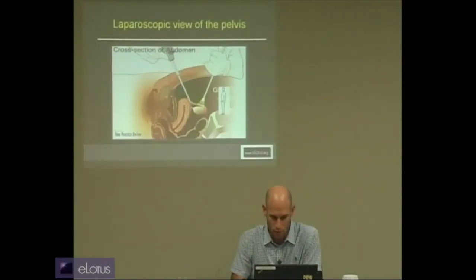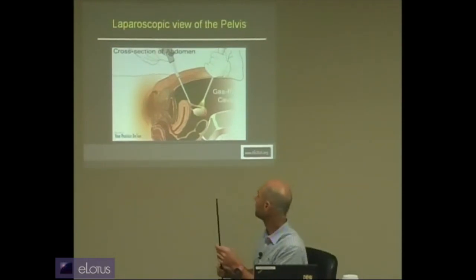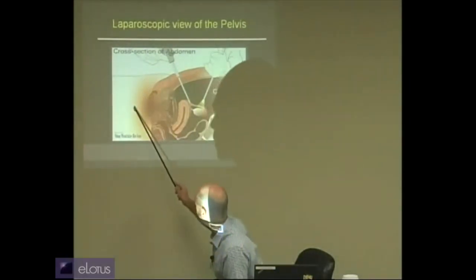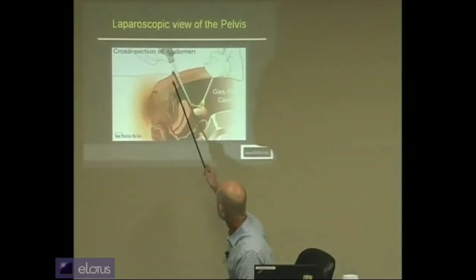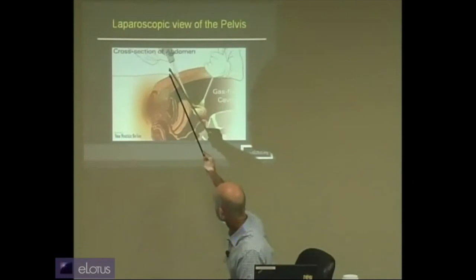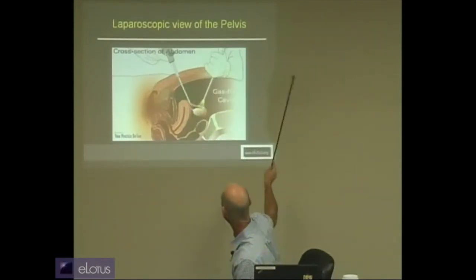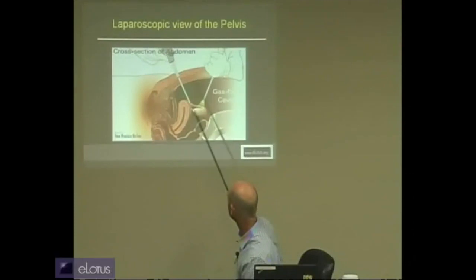So in this drawing here, this would be the inner part of the right thigh. This would be the right labia. This would be the belly button right here, and then this would be an instrument here. The patient's head would be off this direction, and so this would be as if there was an incision all the way down through the middle, and you're looking through the side.